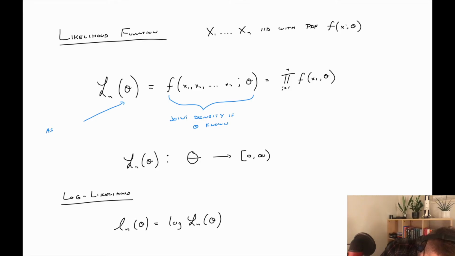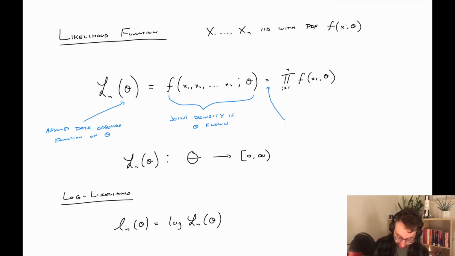So this likelihood assumes data is observed, and it is a function of theta. If we assume that things are IID, then that joint distribution becomes the product of the individual densities for each observation, which is a really nice thing. It makes life a lot easier.